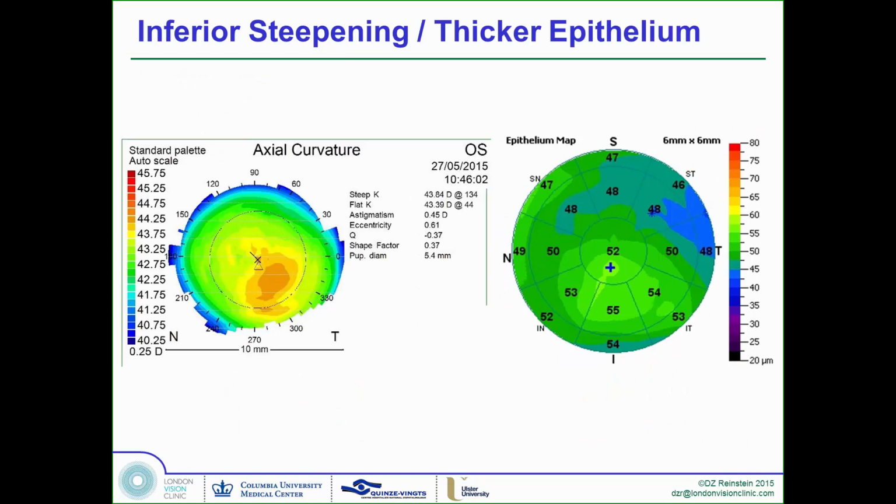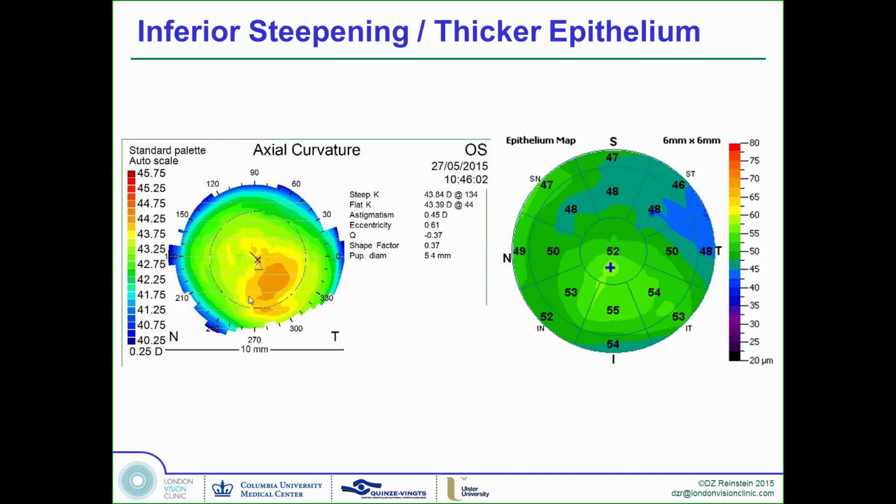And here's another one where, again, if, for example, you look at the anterior surface topography, if this case had been done by LASIK and it had developed ectasia, and a court case took place and the expert for the plaintiff showed this left-hand topography and said, this case should never have been done because this was clearly keratoconus from the asymmetric pattern, the defense would then say, well, when you look at the epithelial maps, this steepening found on topography was entirely explained by thicker epithelium.